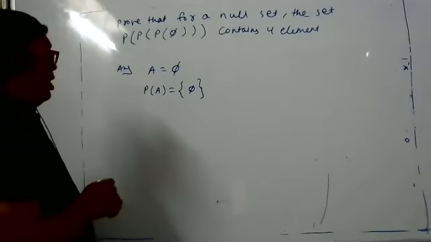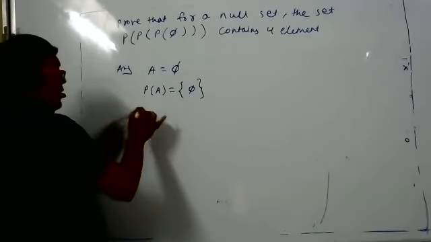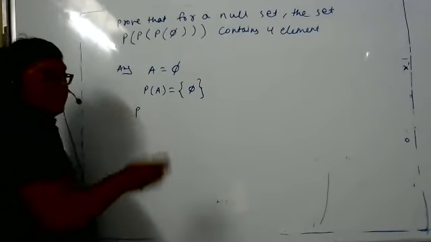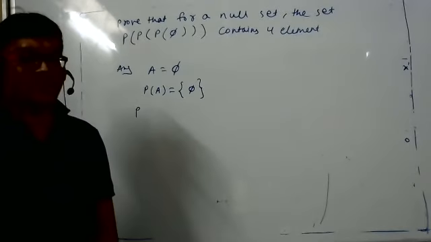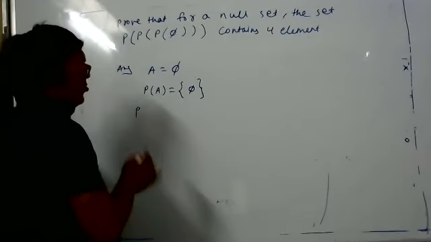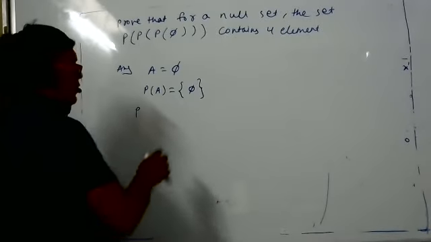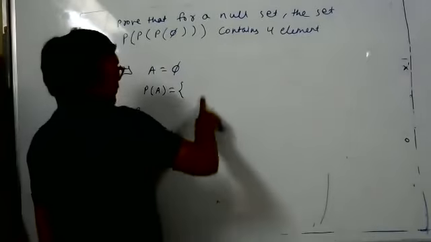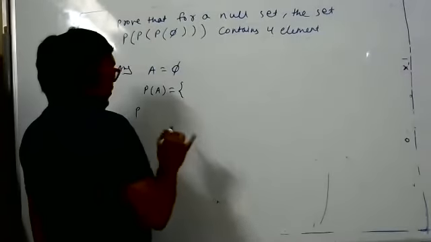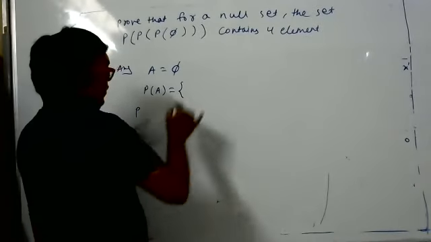Now again, the power set of it, is the power set a set or something else? It is a set, it has an element. So something is wrong we are doing actually. No, sir, it's correct. No, student, it is wrong. There'll be two subsets for that.